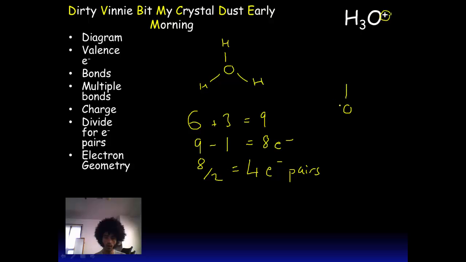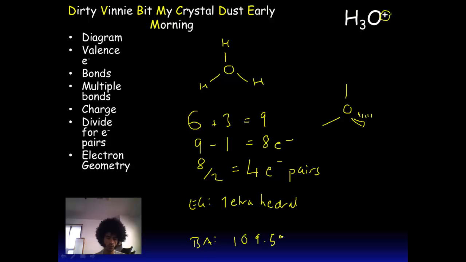So it's 1, 2, 3, 4. Okay? Very, very different to what I actually predicted earlier. So my electron geometry is tetrahedral. Just to kind of get ahead on things, my bond angle should be around 109.5, and we'll tweak that a little bit later. Next step, my molecular geometry.